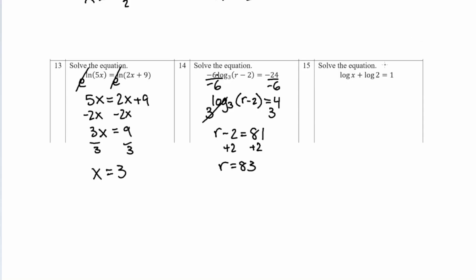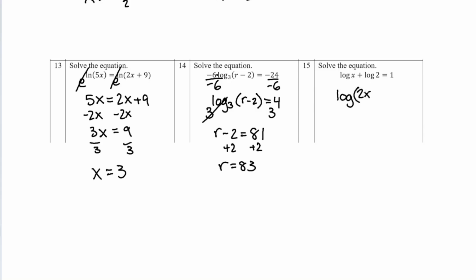Last but not least, number 15. This one could, again, throw you for a bit of a loop, give you a few problems until you remember that we learned these things called the log properties, and this is an addition. Addition of two logs with the same base means that you can put them together and multiply whatever is in both of those logarithms.